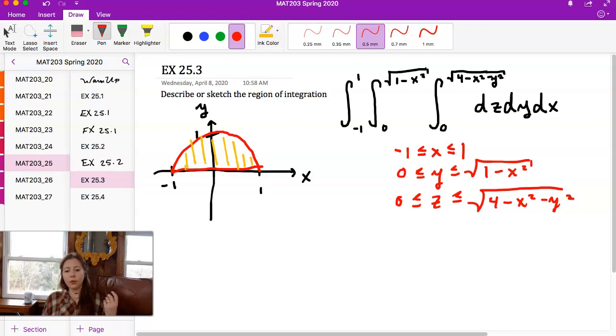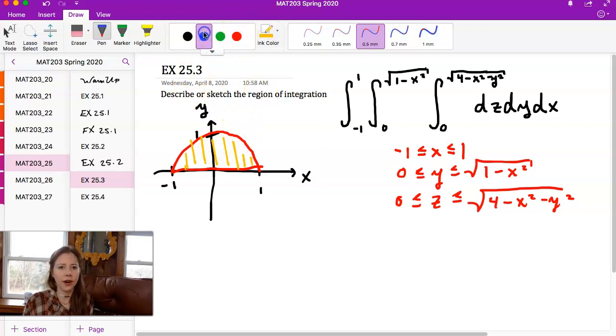So what we're looking at here is the plot of z equals the square root of 4 minus x squared minus y squared, which is going to be a hemisphere. So all we have to do is describe or sketch the region of integration. So we have a hemisphere above this semicircle here. So it'd be a region above the semicircle and below the hemisphere.